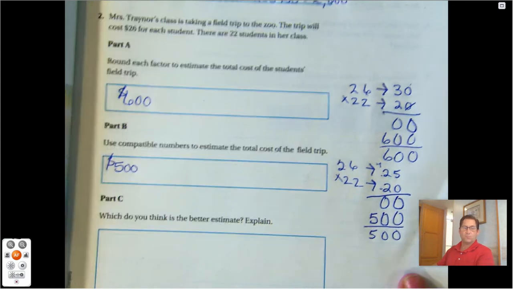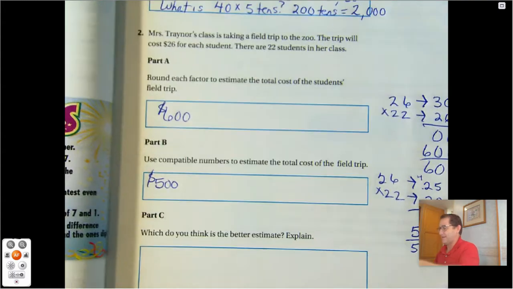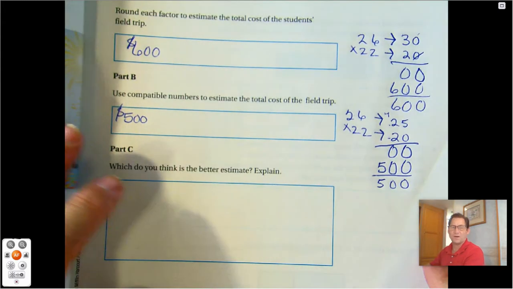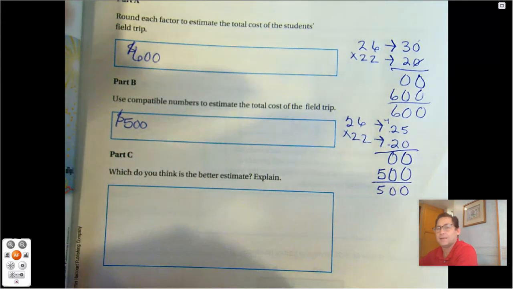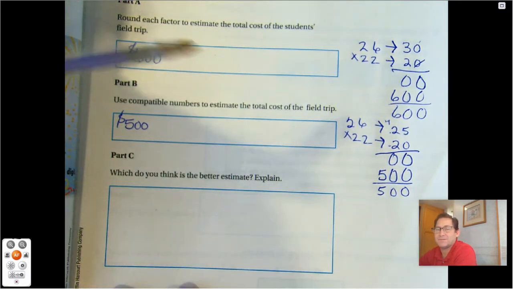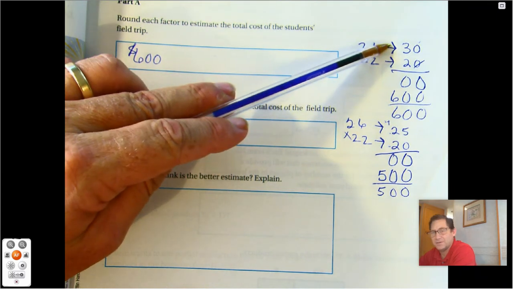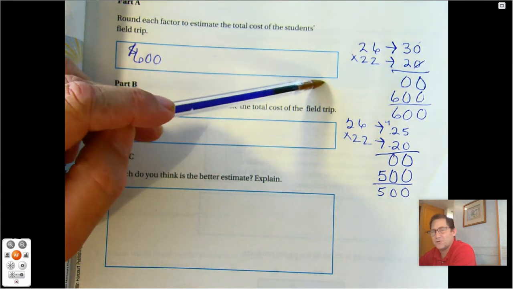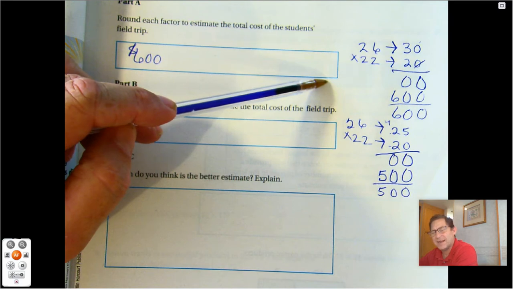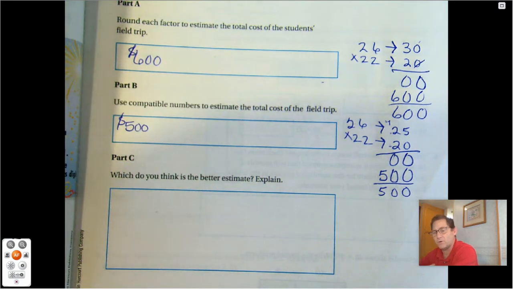And so then, which do you think is the better estimate, and explain? Well, they're not terribly off, but let's see. On the 26, I rounded up, and on the 22, I rounded down. So they kind of cancel each other, one up, one down.